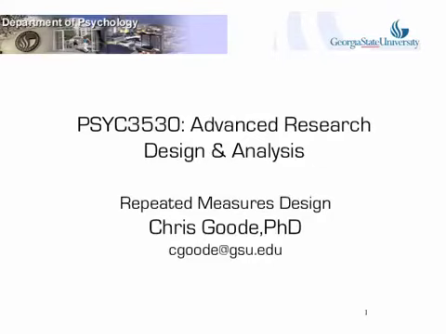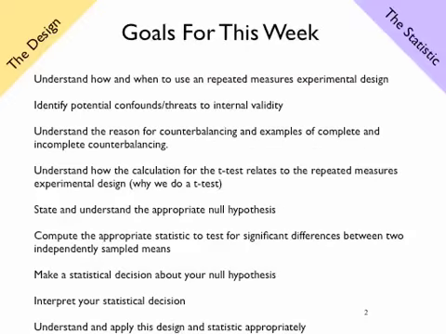I'm going to follow it up with part 2, which is going to be an explanation of the repeated measures or related samples t-test. So our goals for these two-part lectures is to understand how and when to use a repeated measures design, identify potential confounds, which are also called threats to internal validity, that are unique to repeated measures designs, and I'm going to discuss the reason for counterbalancing, some examples of complete and incomplete counterbalancing.